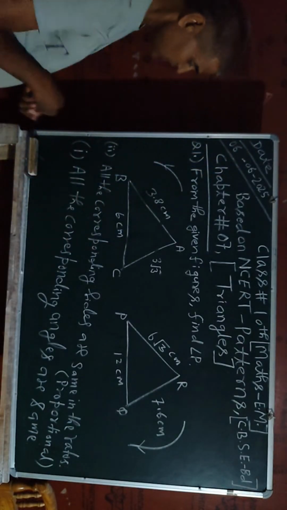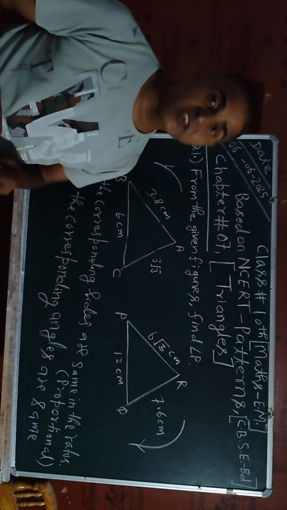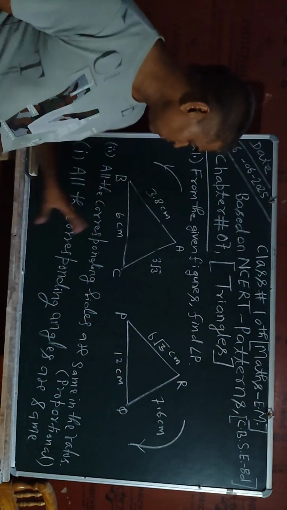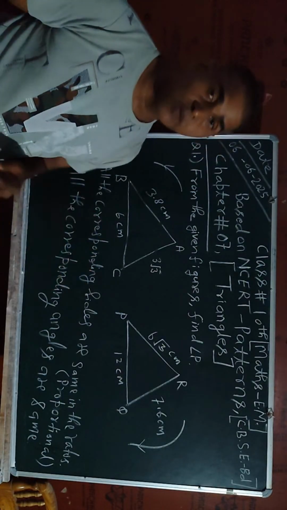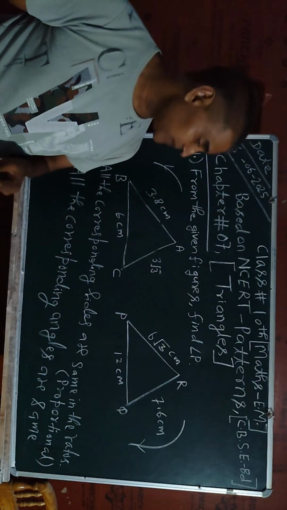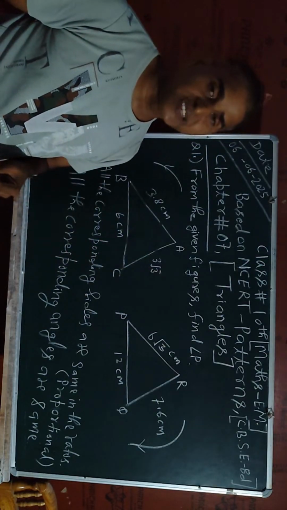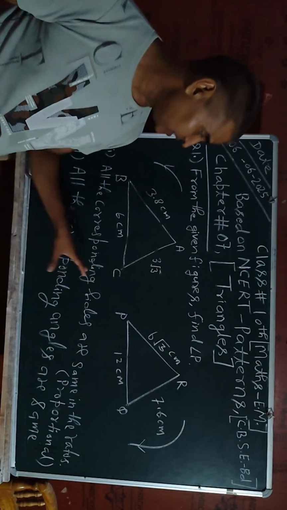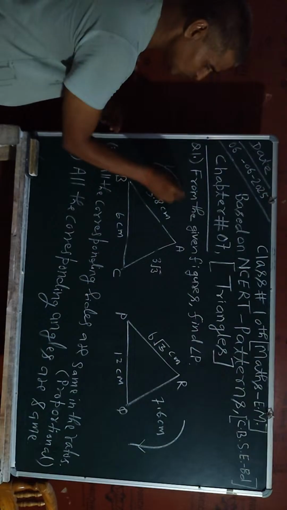Okay, students, I hope you are writing this information in your notebook and also remembering it. If you remember each piece of information, then you can easily solve any questions related to similarity of triangles and easily find the answer. So here you have to follow this direction.